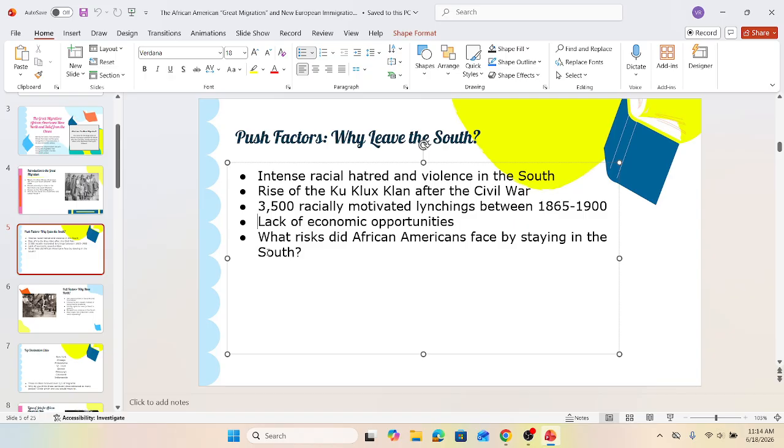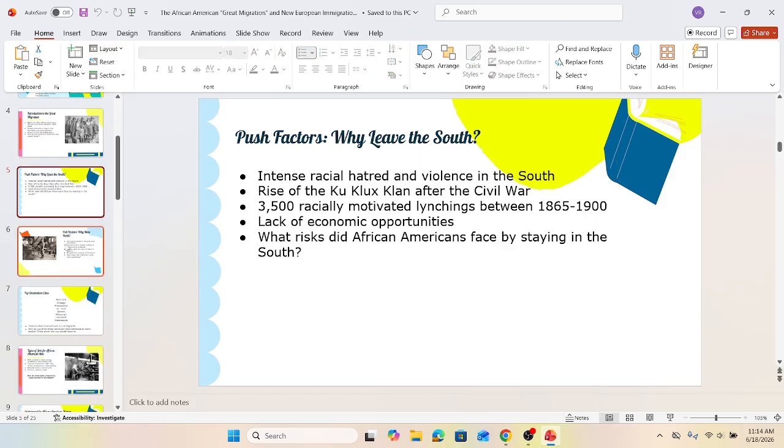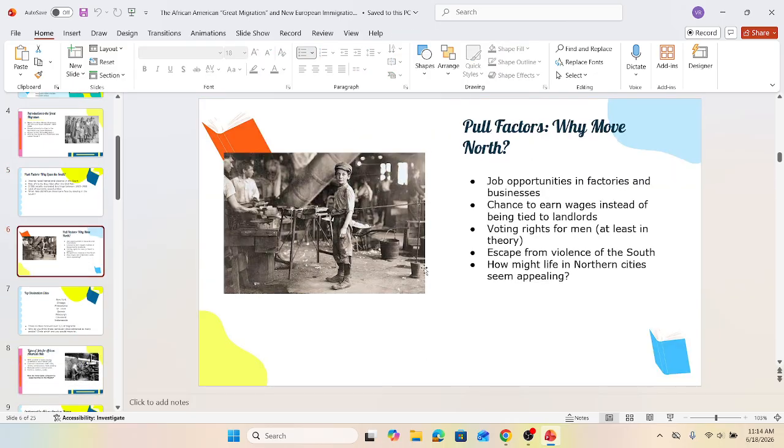African Americans that stayed in the South risked their physical health and the future of their family, and so many people decided to leave everything they had ever known and take a huge risk for the chance of a better life. As a result, many of them moved north. And why move north? Well, job opportunities in factories and businesses and the chance to earn wages instead of being tied to landlords seemed like a better opportunity.